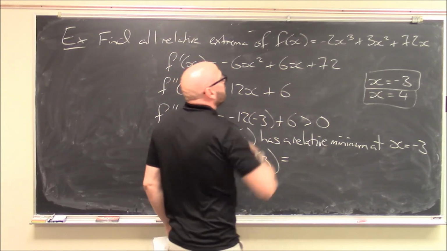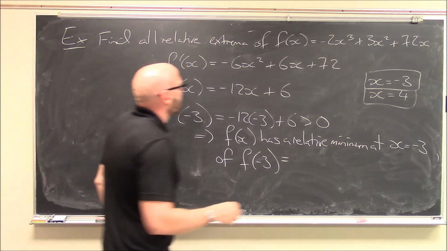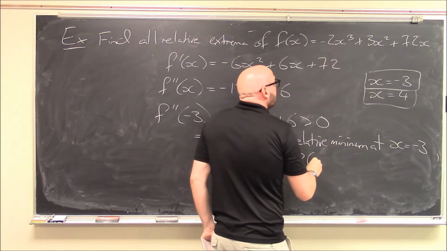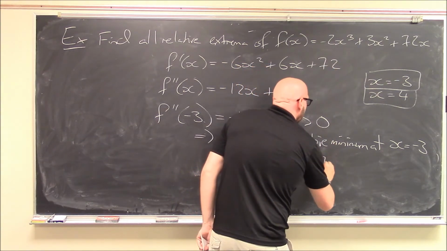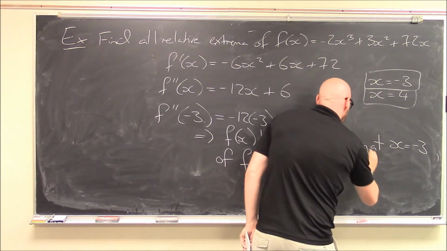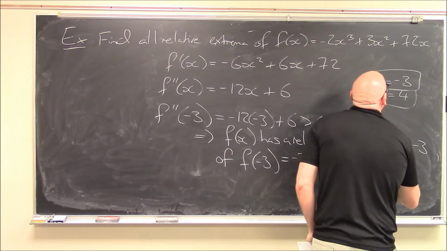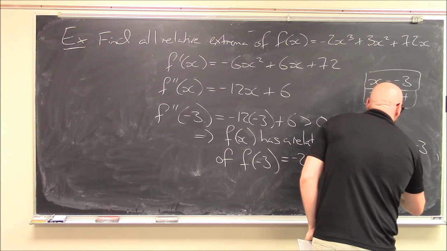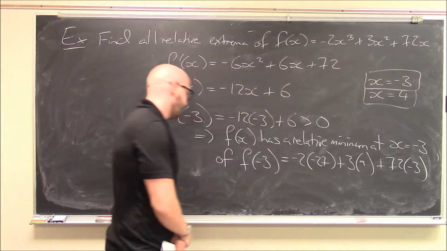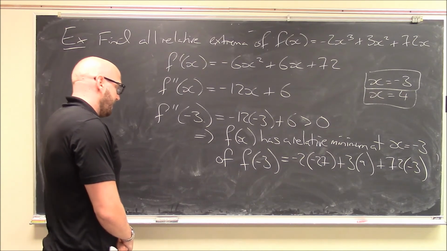which equals, I don't have a calculator on hand, so these are pretty big numbers. Let's see, minus 2 times minus 3 cubed is minus 27, plus 3 times minus 3 squared is 9, plus 72 times minus 3. These are pretty big numbers.